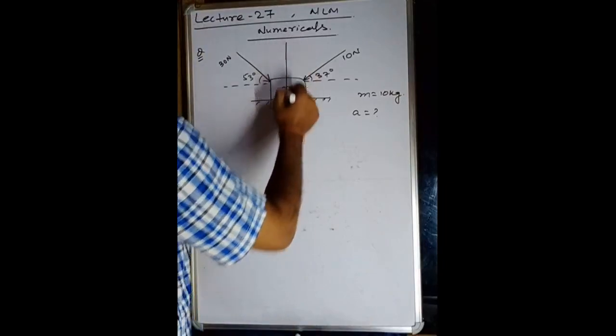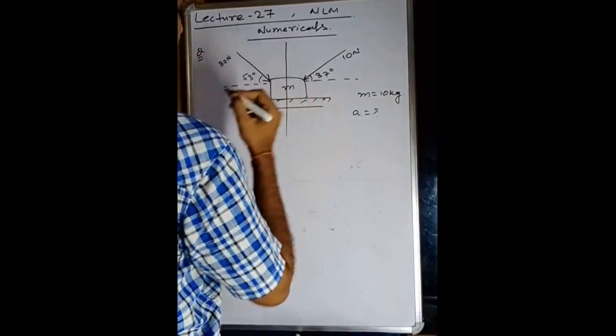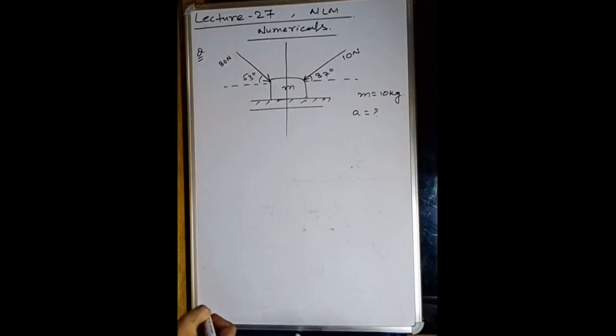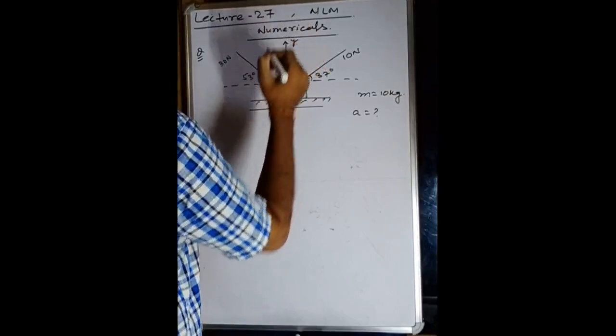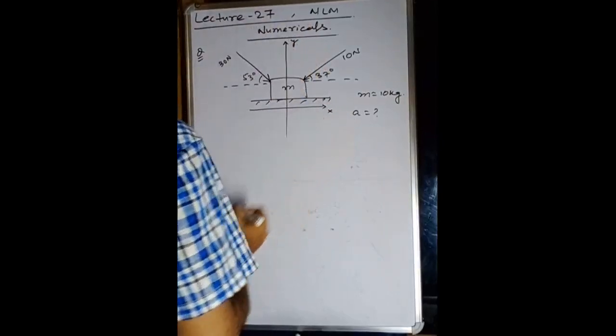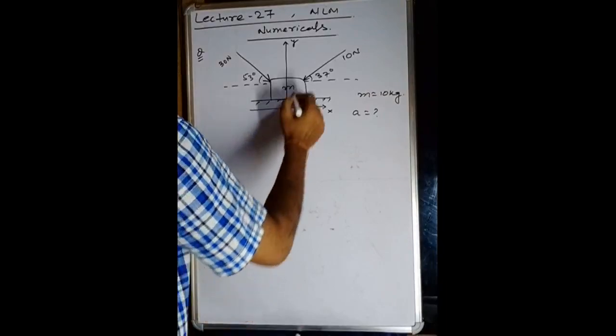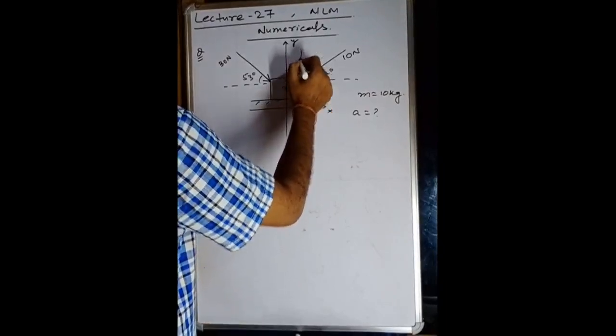We know that to find whether the system is in motion, we need to obtain the net force along any axis. This is our y-axis and this is the x-axis. Okay, here we can see the two forces.